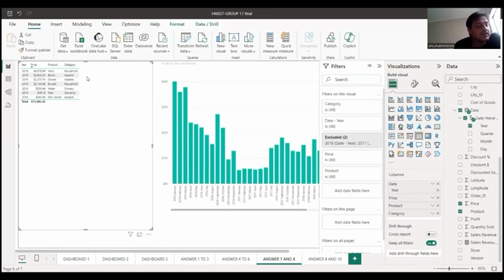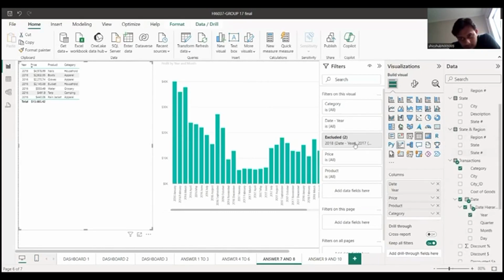Question number 7 is which product category has the highest fixed price in 2016? I choose a table. I take price, product, year, and category. So I found that nails in the household category in 2016 has the highest fixed price, which is 4,978.99.